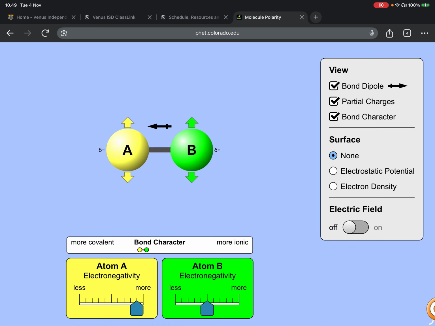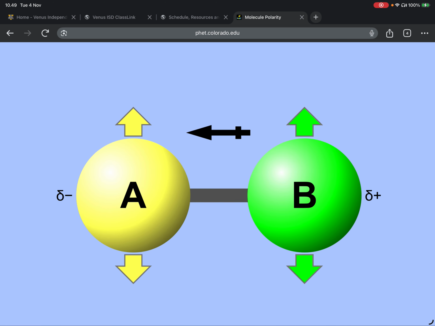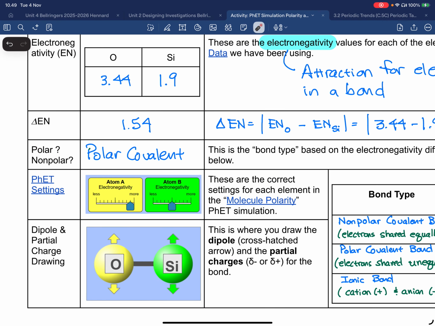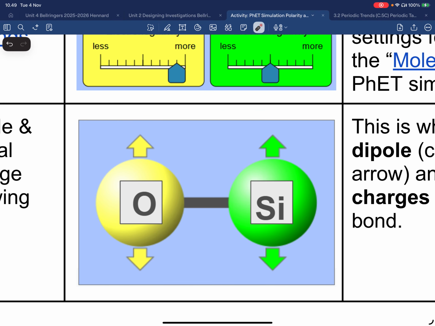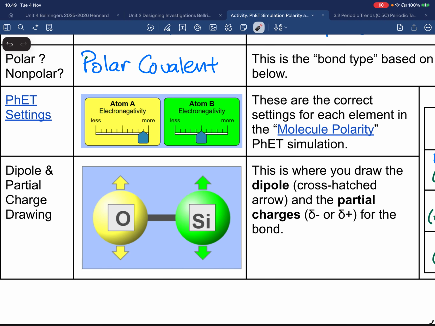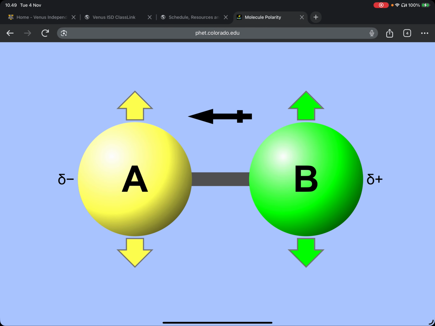Then we're going to zoom in on these, and remember, A is oxygen, the one on the left, and B is silicon. Then we're going to draw in our dipole. The dipole is that black arrow there in the middle.